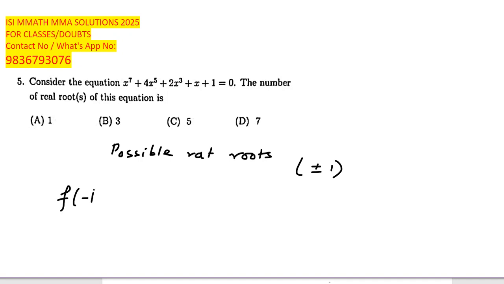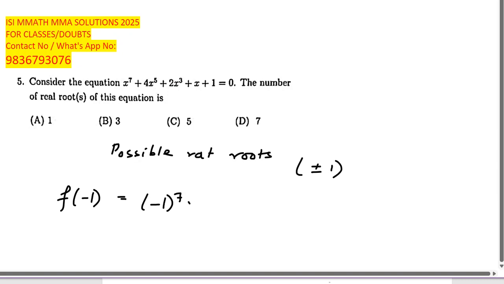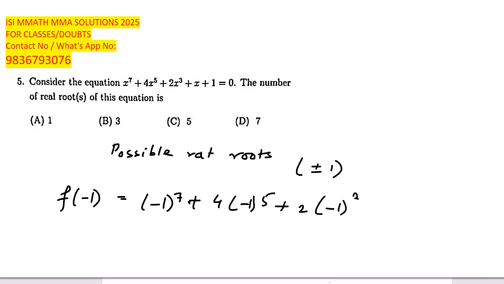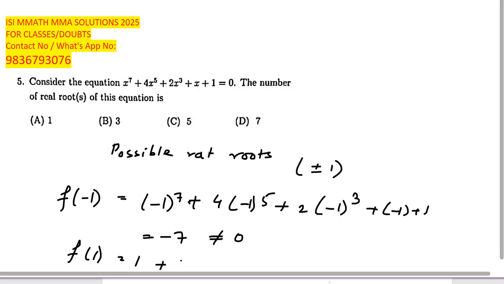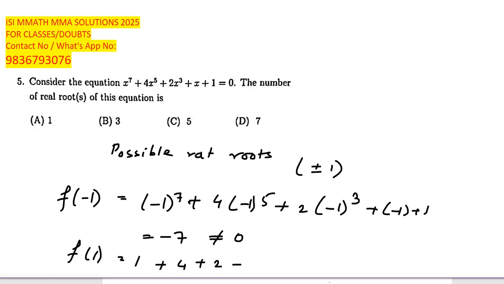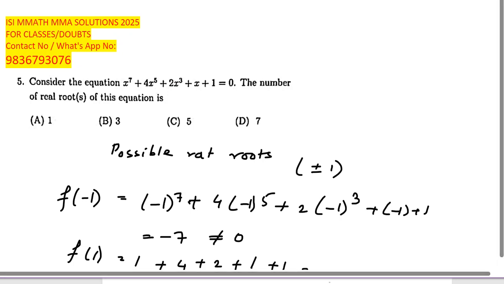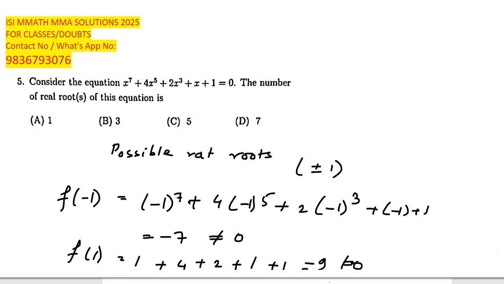Then f of minus 1 is minus 1 to the power 7 plus 4 times minus 1 to the power 5 plus 2 times minus 1 cube plus minus 1 plus 1. It comes to minus 7, which is not equal to 0. Now we try x is equal to 1, that is 1 plus 4 plus 2 plus 1 plus 1, that is 9. Again it is not equal to 0. So no rational root among plus or minus 1.